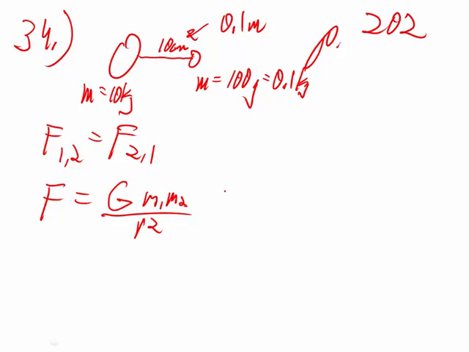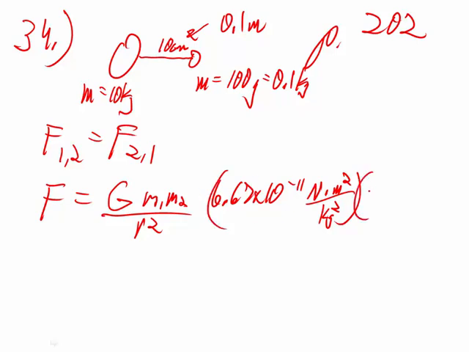Well, that constant is 6.67 times 10 to the negative 11th newtons meters squared per kilogram squared, times the mass of 1, which was 10 kilograms, times the mass of 2, which is 0.1 kilograms, divided by the radius.